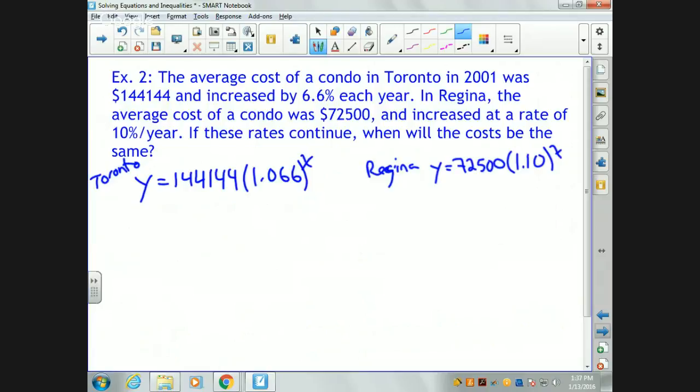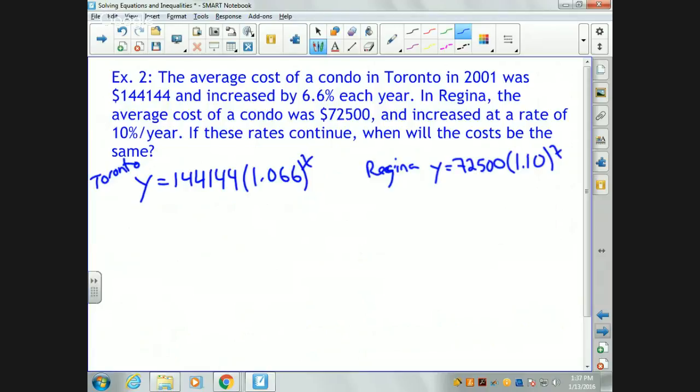What variable in these two equations represents the when? In the brackets. The x, the y, and the brackets. Yeah, it's the x, because this y value represents the value of the condo at a certain time, and that certain time is going to be x. So if we're trying to figure out when these two costs are going to be the same, we need to figure out the x where the value is going to be the same.